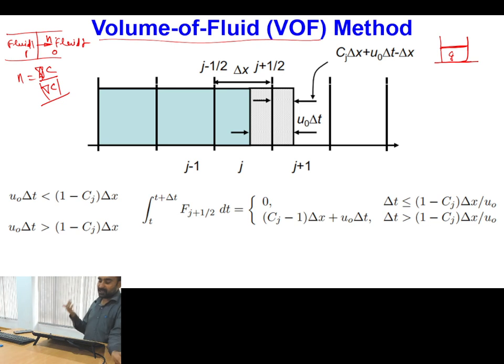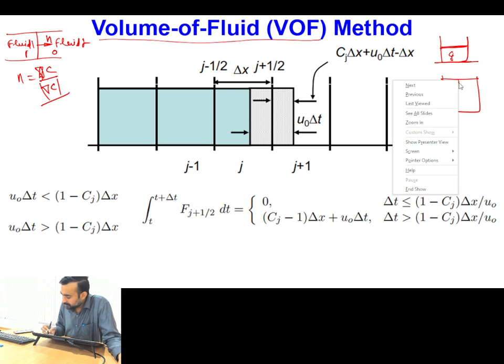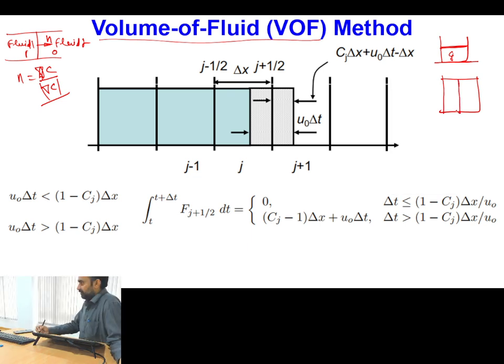After the normal direction to the interface is estimated, in a computational cell your color function is specified in a plane which is normal to the direction of the outward normal to the interface. For example, if your normal is pointing in this direction, what will be the plane normal to this outward normal? This will be the plane.